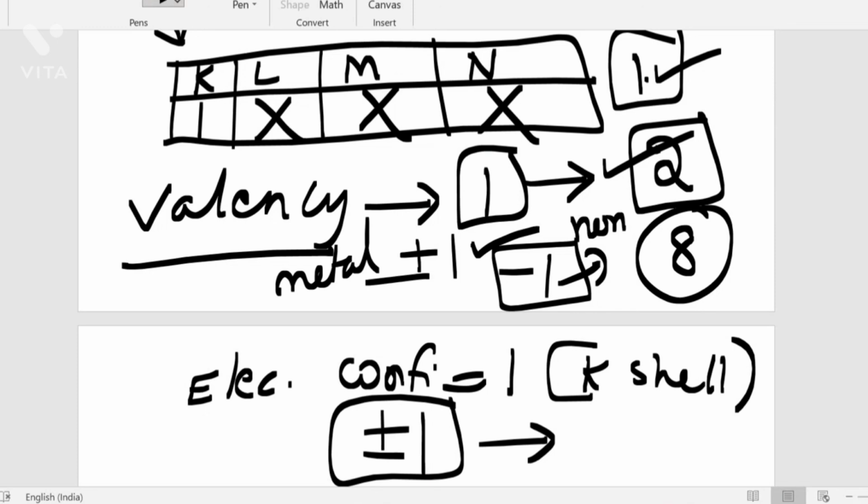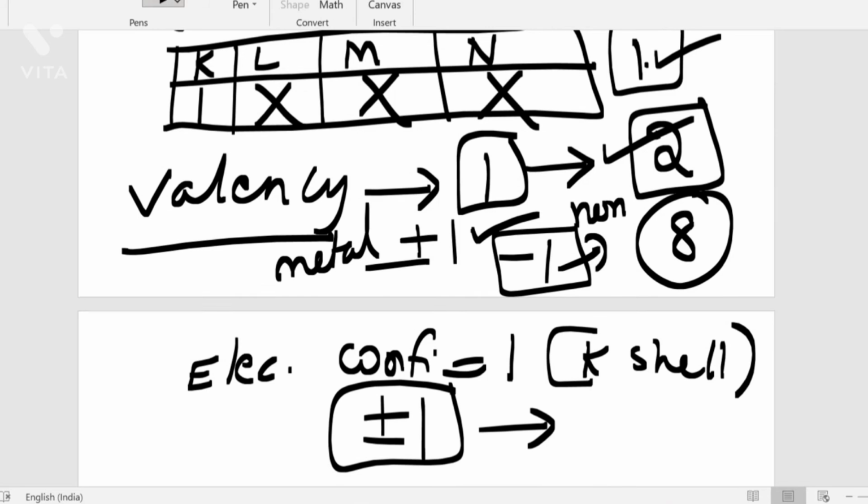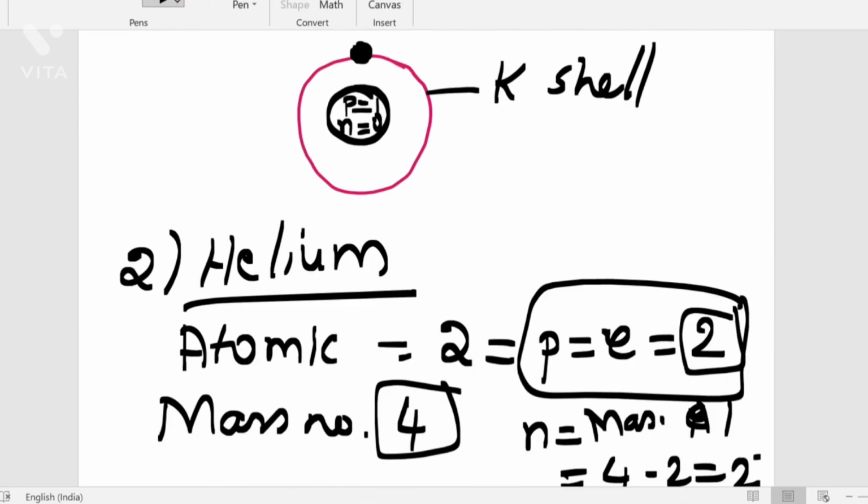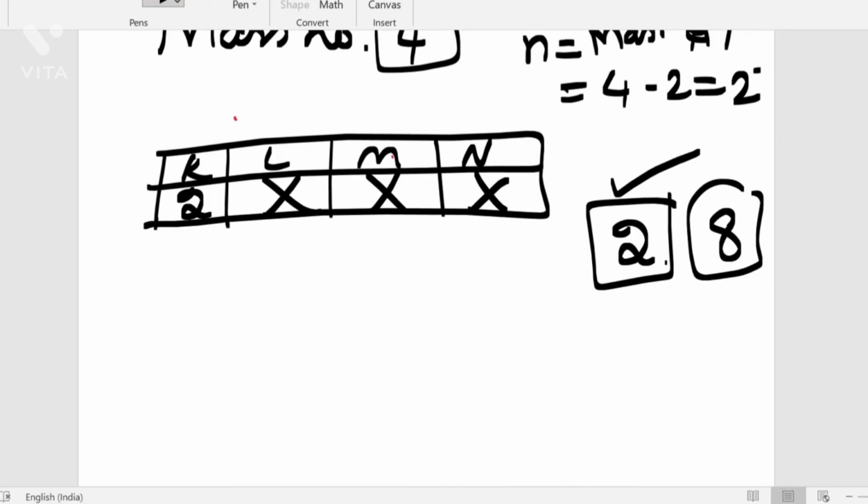So next, helium we were doing. Helium 2 means it is a noble gas. So it is not a metal, not a non-metal. And how to draw the structure? Here first I have to draw the nucleus. So what is the P given here? The proton number is 2.